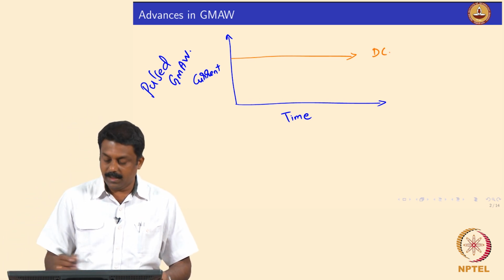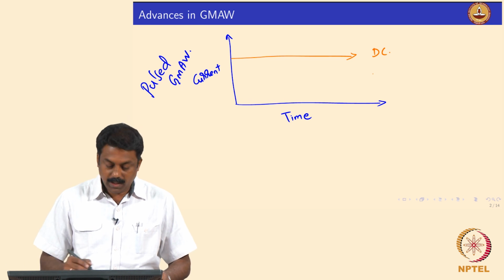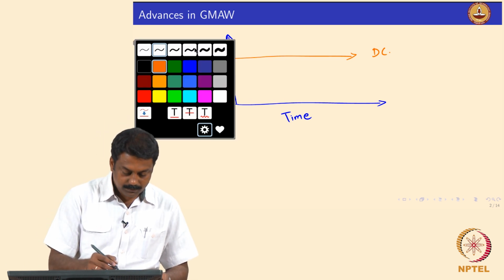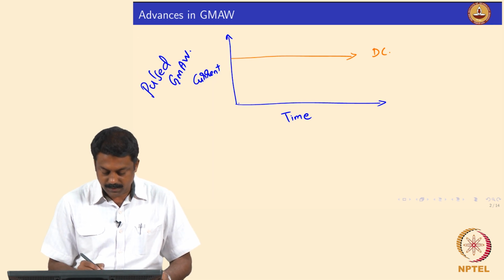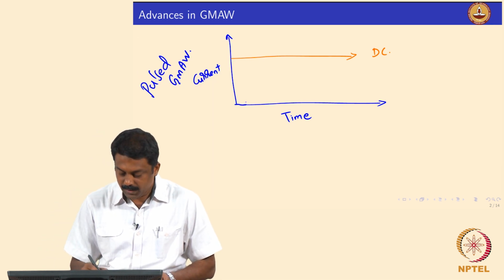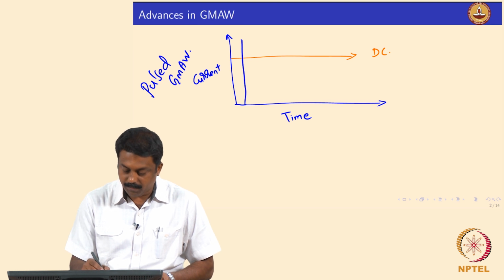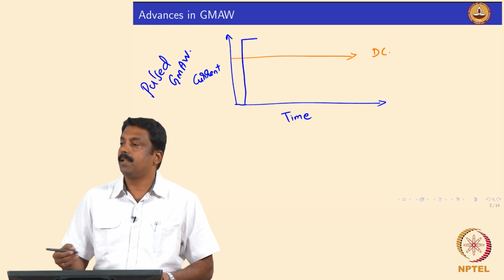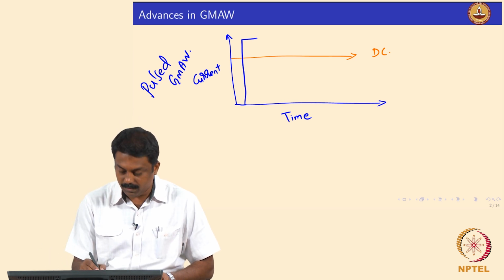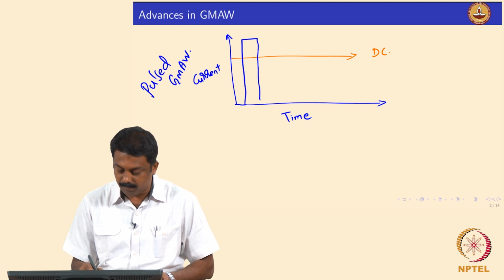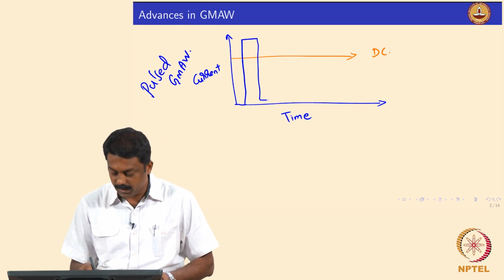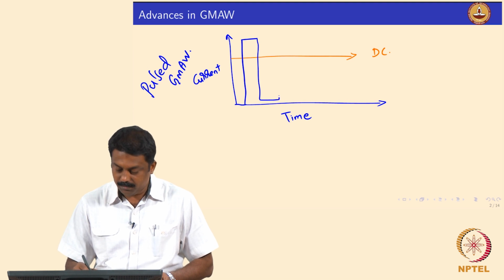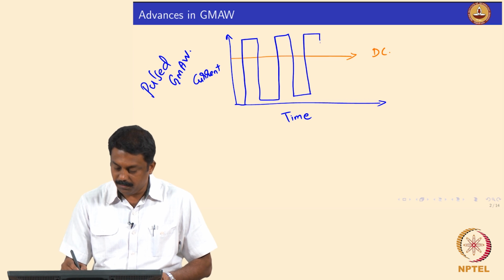Instead of using a constant current, we can use a pulsed current, in which you have a current pulsing where your maximum pulse current can be much higher than the current needed for the constant current case. Then we bring it back immediately to some value and maintain it at a background level, and then again we do a pulsing, and the cycle can continue further.